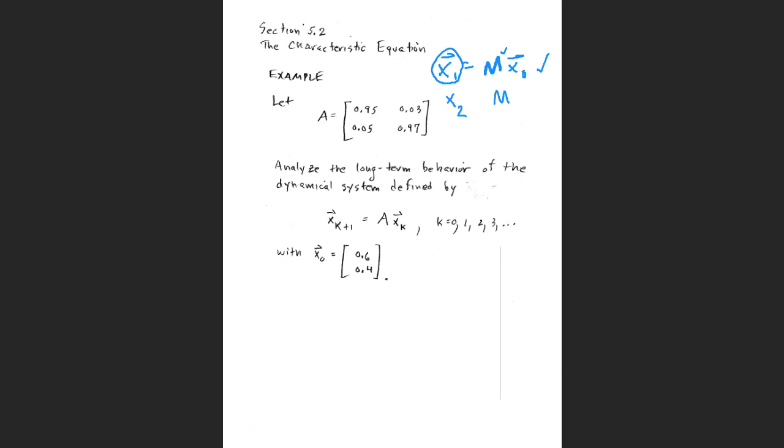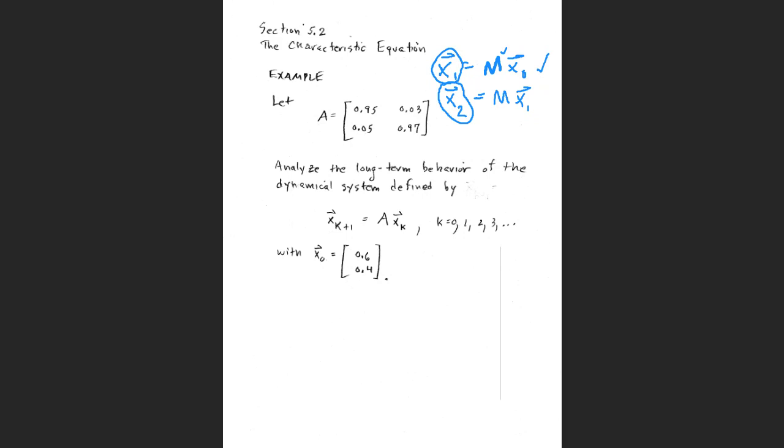Now, after 2 years, if we want to know the population distribution between the city and the suburbs, we took m times x1, and that got us x sub 2, the population distribution between the city and the suburbs after 2 years.